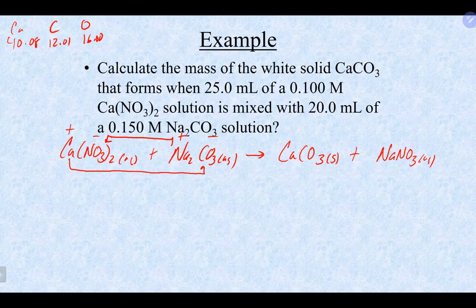I don't know if you need it, but nitrogen is 14.01. And sodium, again, not sure you need it, but 22.99. All right, so take a few minutes here, work on this one, follow through the steps we just talked about, and determine how you should go about solving it.